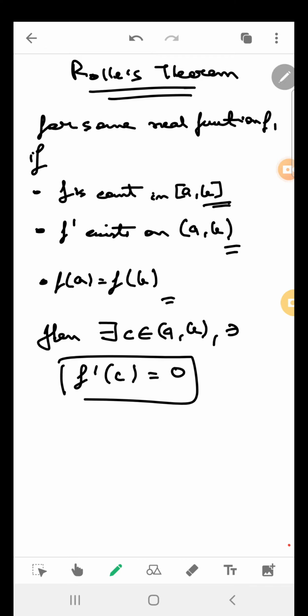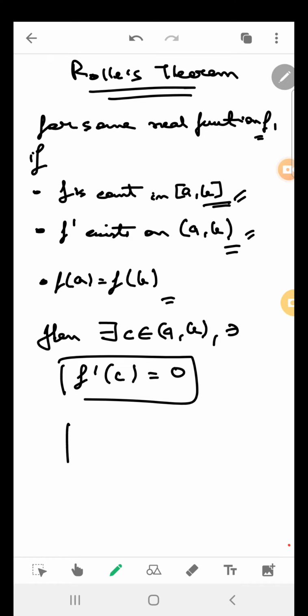Clear? So basically these are the three conditions required. So this is what Rolle's theorem says.